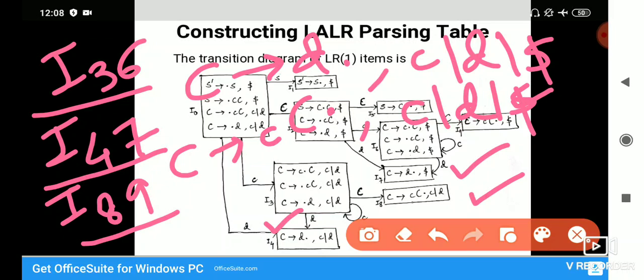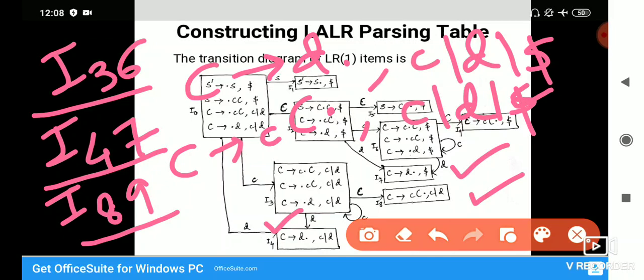So I3 and I6 are merged into I36, I4 and I7 are merged into I47, and I8 and I9 are merged into I89. And how are these mergings possible? These mergings are possible because the first component of I3 and I6 is the same, I4 and I7 is the same, I8 and I9 is the same.